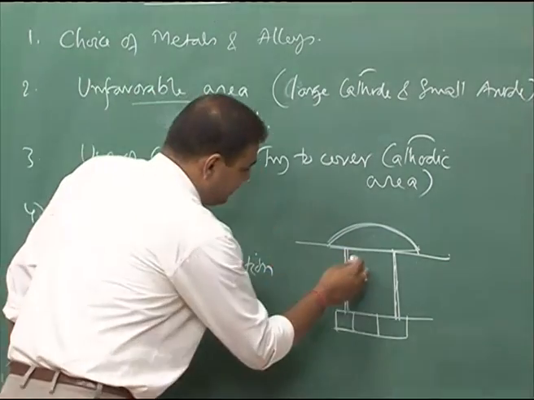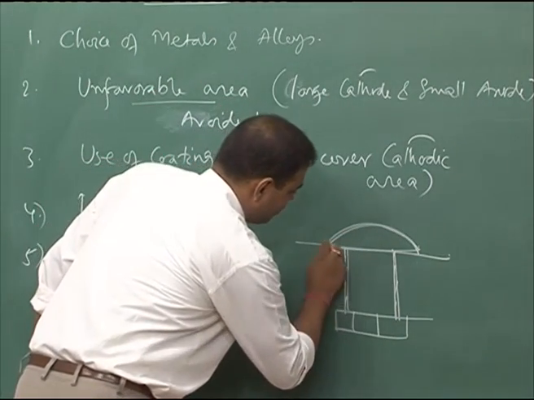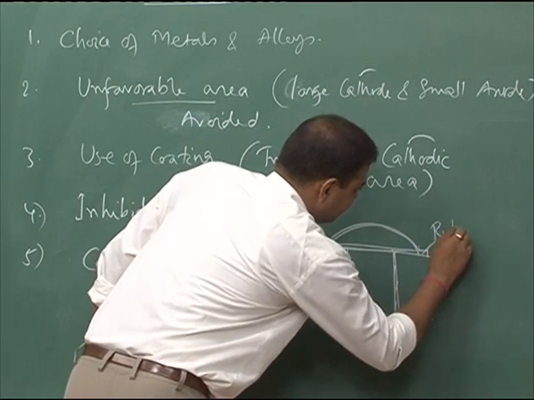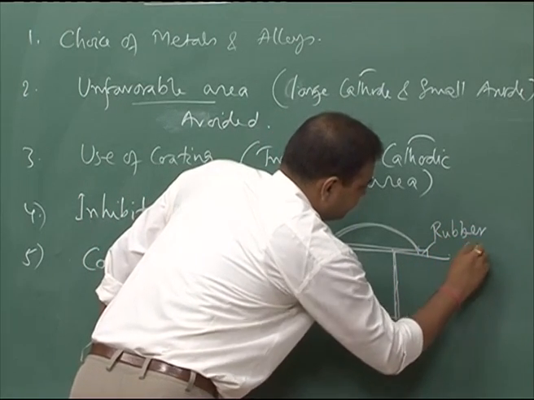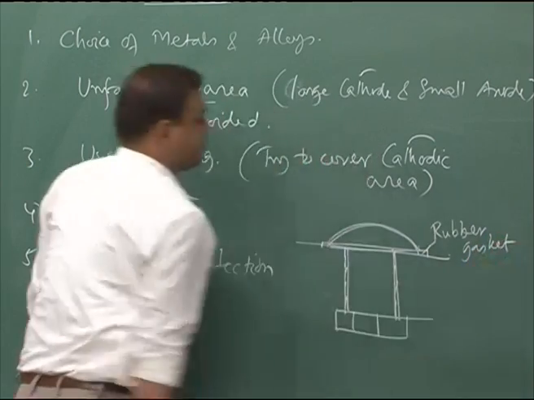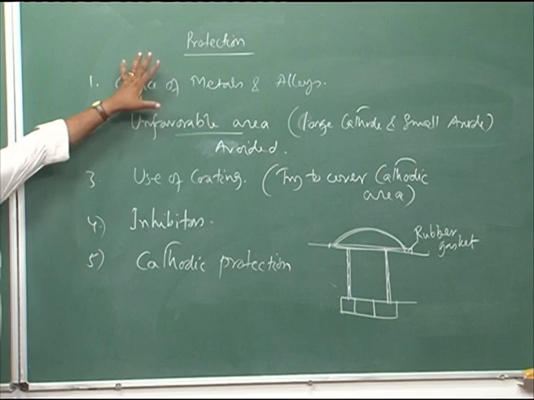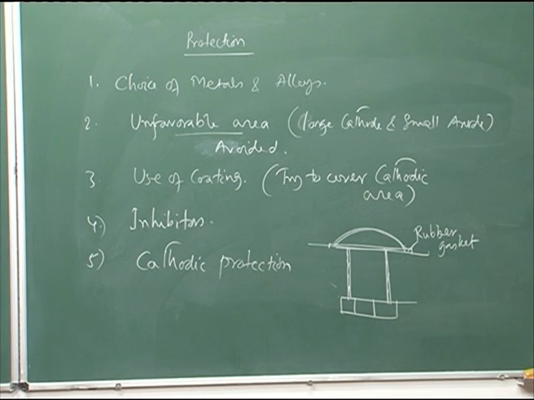Another thing is, here also we can put a rubber gasket. This way also we can protect. So, these are some of the protection ways where we can avoid galvanic corrosion to a great extent.